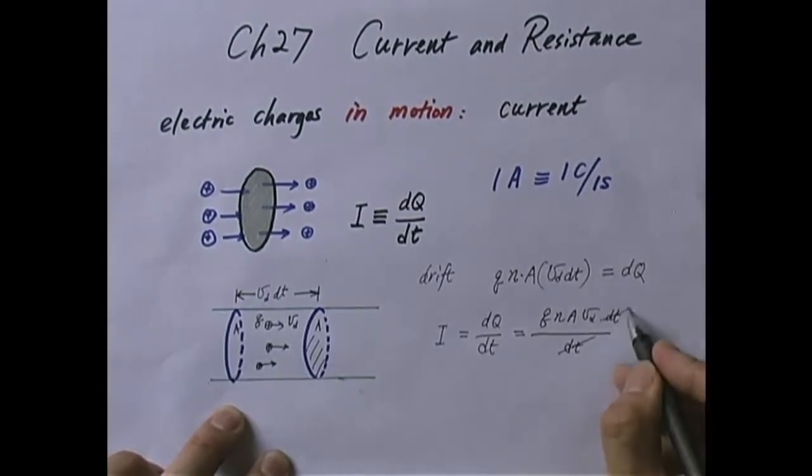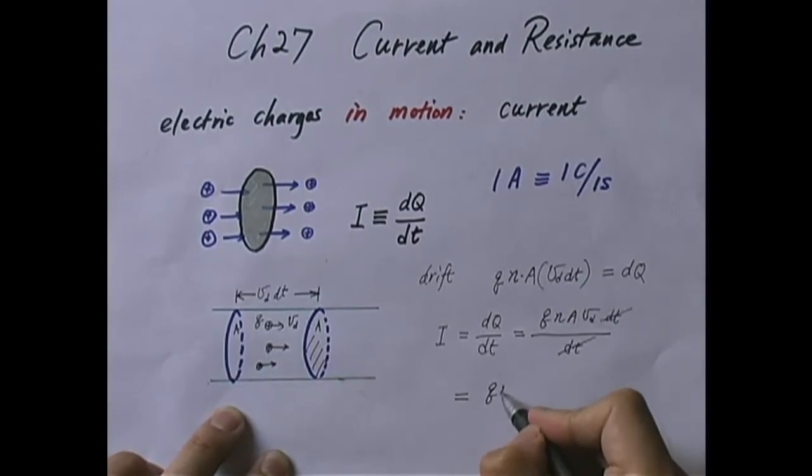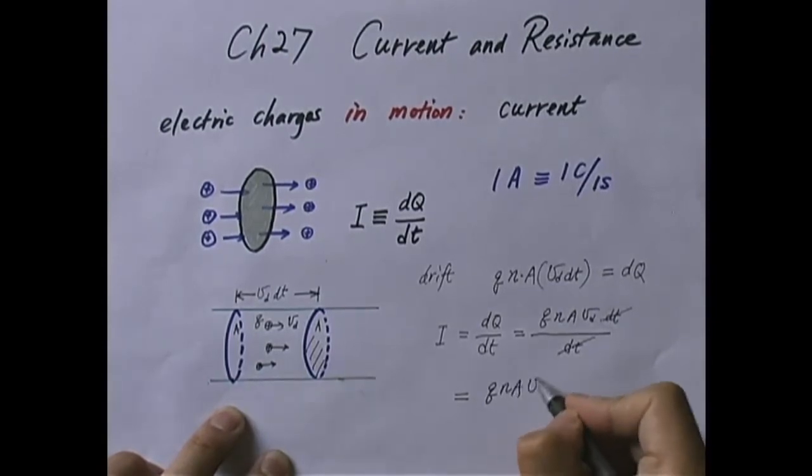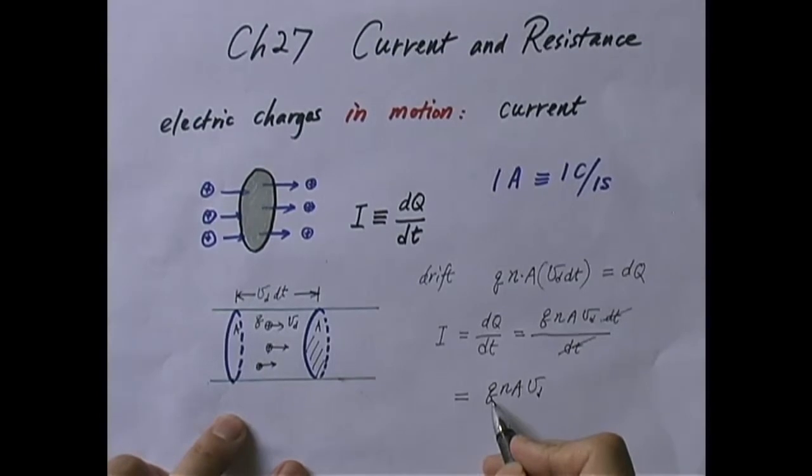The dt and dt cross out, and you're left with I equals Q N A Vd. That is how we find the electrical current based on microscopic quantities, such as the charge carried by each mobile charge, the number of charges per unit volume, and how fast they move, how fast they drift. And A is the cross-section area.